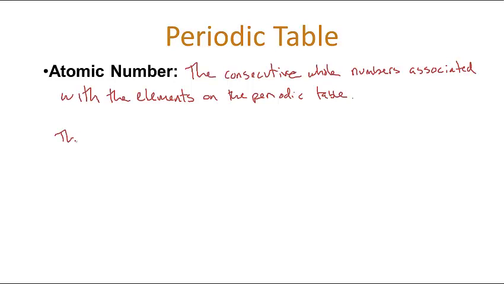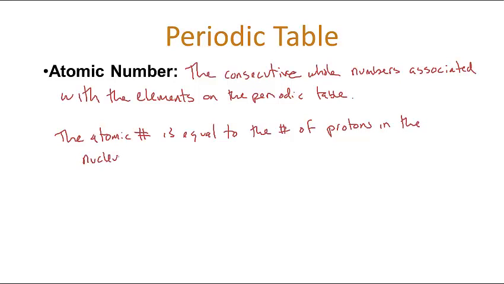So the atomic number is equal to the number of protons in the nucleus of an element. So that's the defining feature of an element, is the number of protons that are in the nucleus.